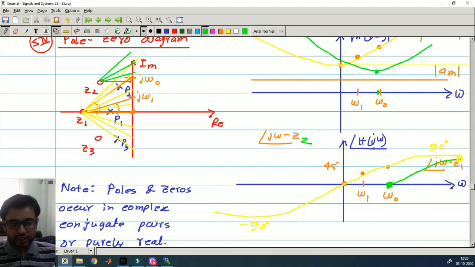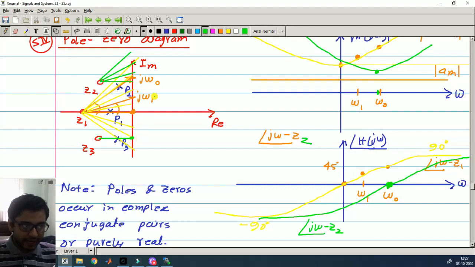It will go towards plus 90. Before that the angle will decrease and it will go towards minus 90. So this plot is for the angle of j omega minus z2. In the same way you can do this for z3. So for z3 you will get 0 degree somewhere around minus j omega naught, somewhere here 0 degree. After that it will increase.